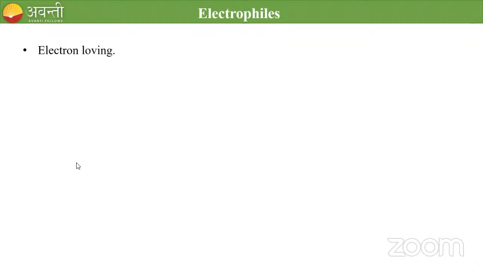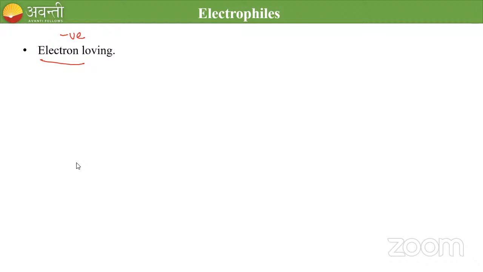Electrophiles are electron-loving species. Electro means electron. Phile means loving or liking or seeking kind of meaning. So electrophiles means electron-loving species. Electron charge is negative.